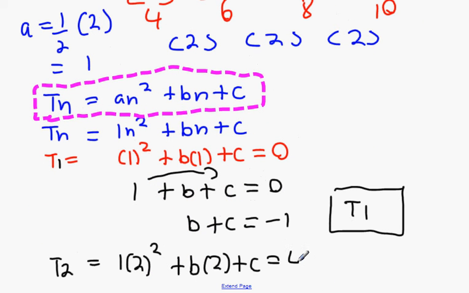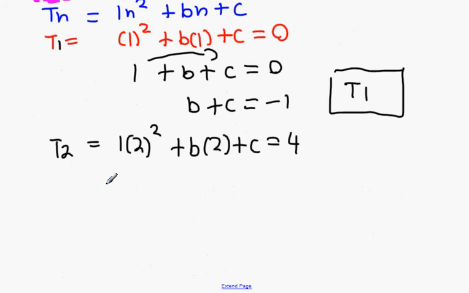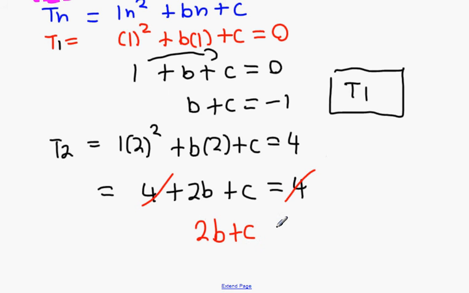Then you multiply it out, you get 4 plus 2b plus c equals 4. The 4's on both sides cancel, and what you're getting is 2b plus c equals 0. This is a formula that comes from using T2.